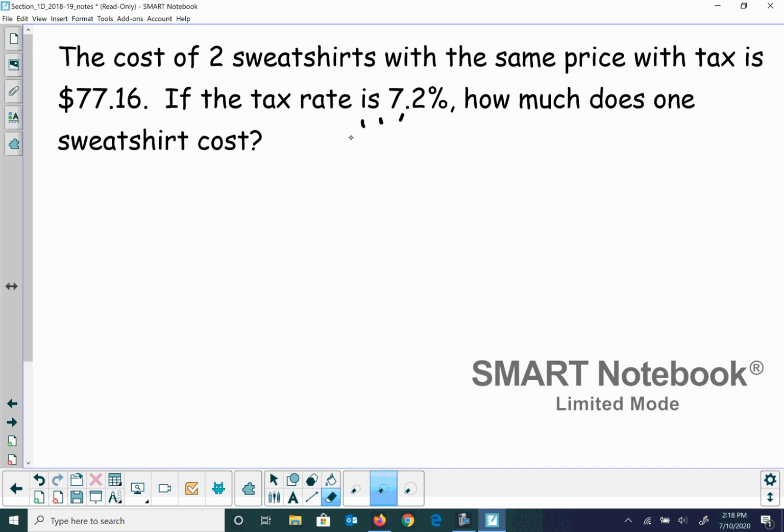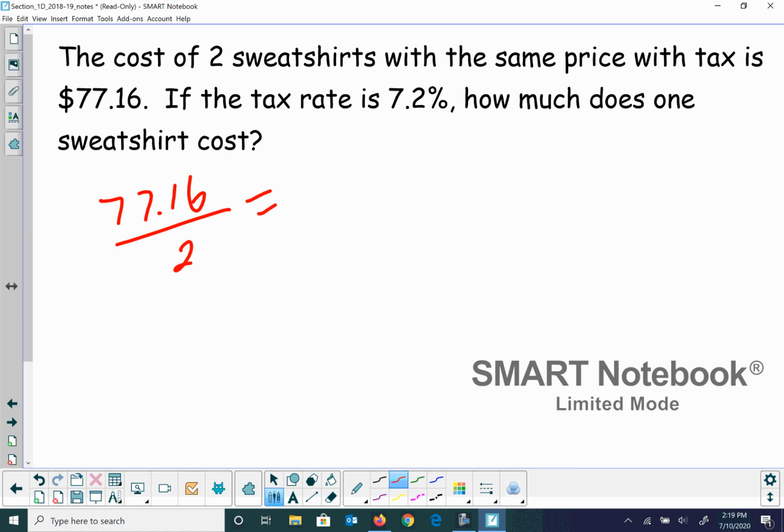I'm going to erase what I have and let's rethink through this. You have 2 sweatshirts that cost that much. Oh, you know what? The 2 sweatshirts cost the same amount. If I go 77.16 and divide that by 2, that means that each sweatshirt costs $38.58, and that has the tax already included.